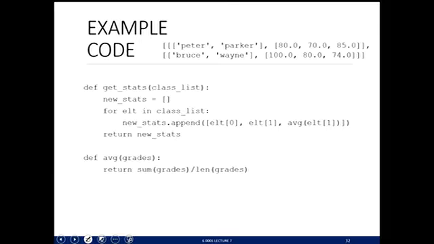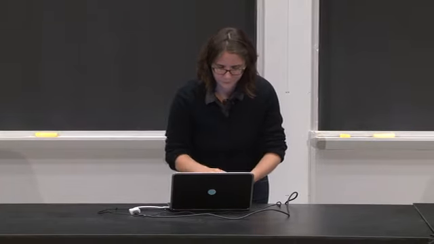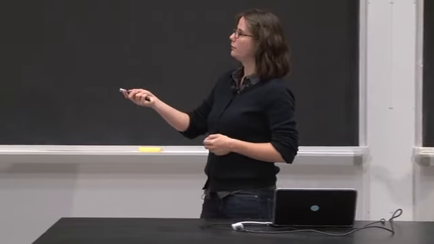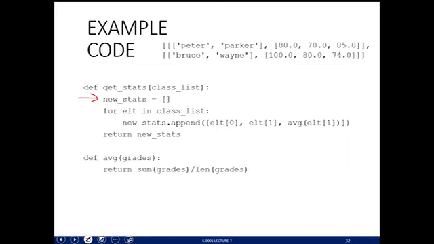So let's look at the code. This is a function that takes the class list, which is this whole list here. I'm creating a new list inside it, initially empty. And then I'm going for every element in the class list.